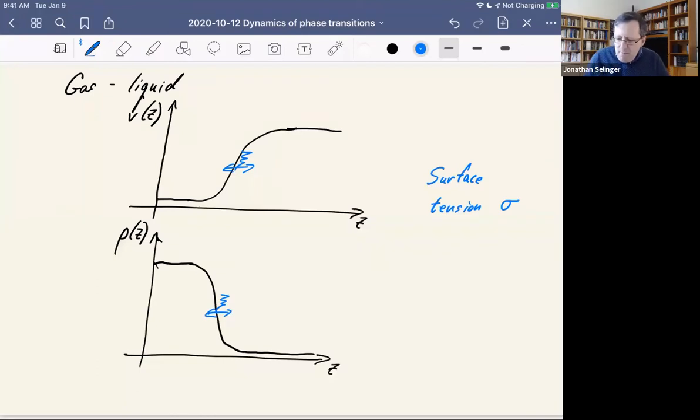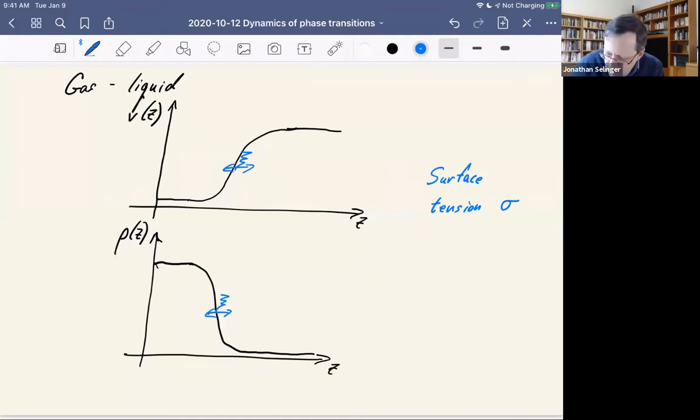You might remember that earlier on, we were talking about what happens if you look inside a container that has liquid and gas in it, right? If you increase the temperature, right? When you approach the critical point, okay?